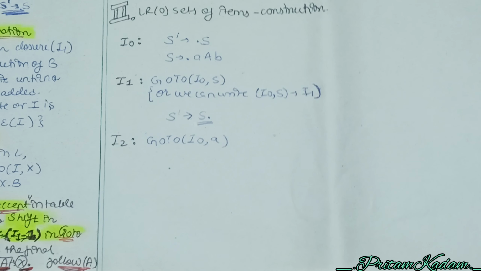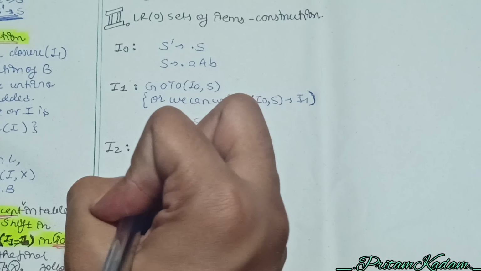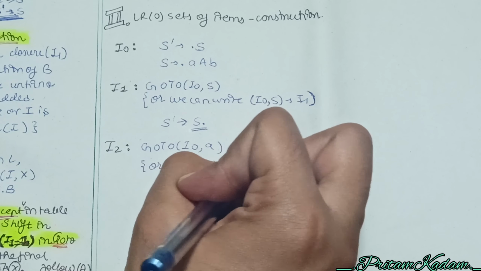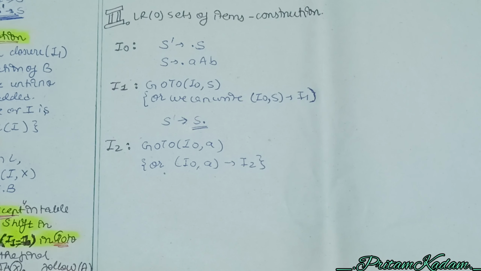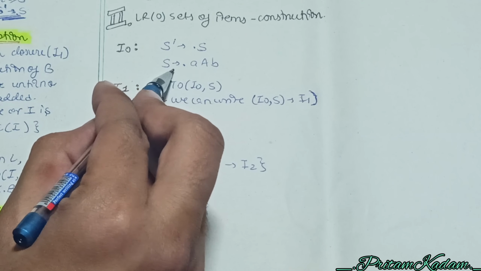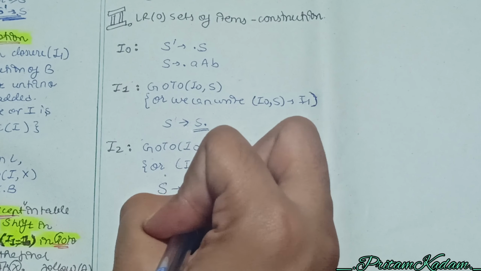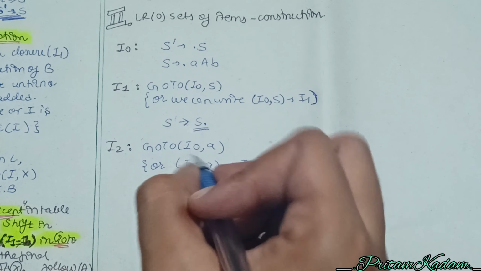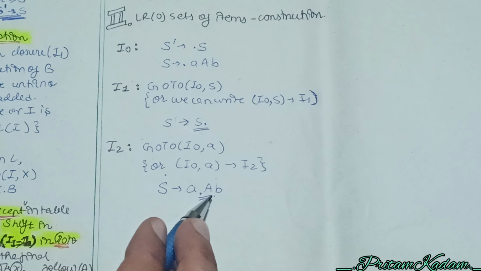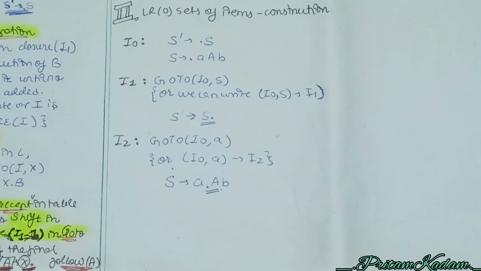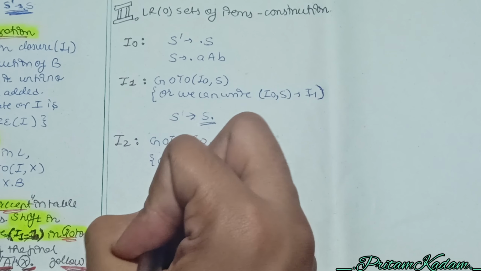So I0 on small a gives the I2 state: S gives a dot capital A B. Now as there is A after the dot, a non-terminal, we will write the productions of A, that is A gives small a capital A and A gives small b.